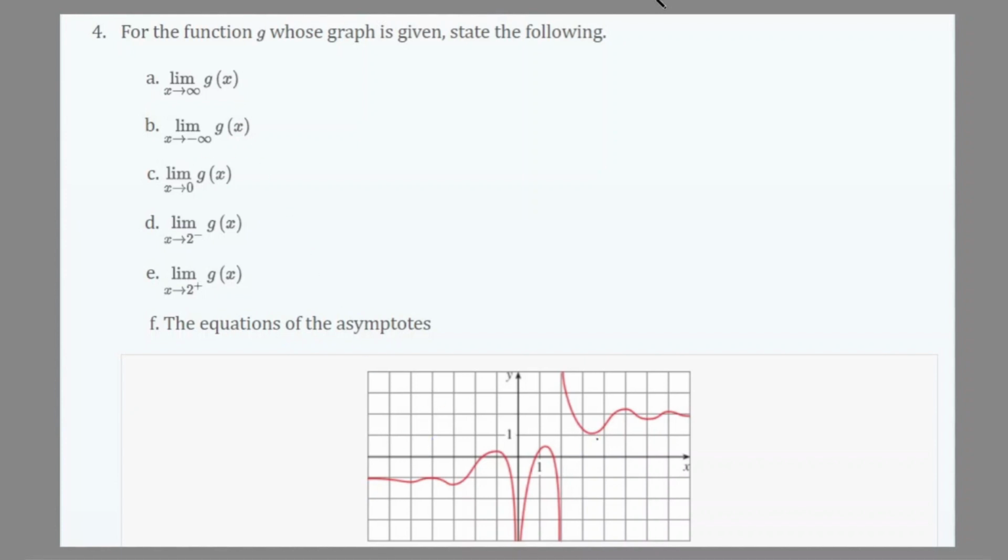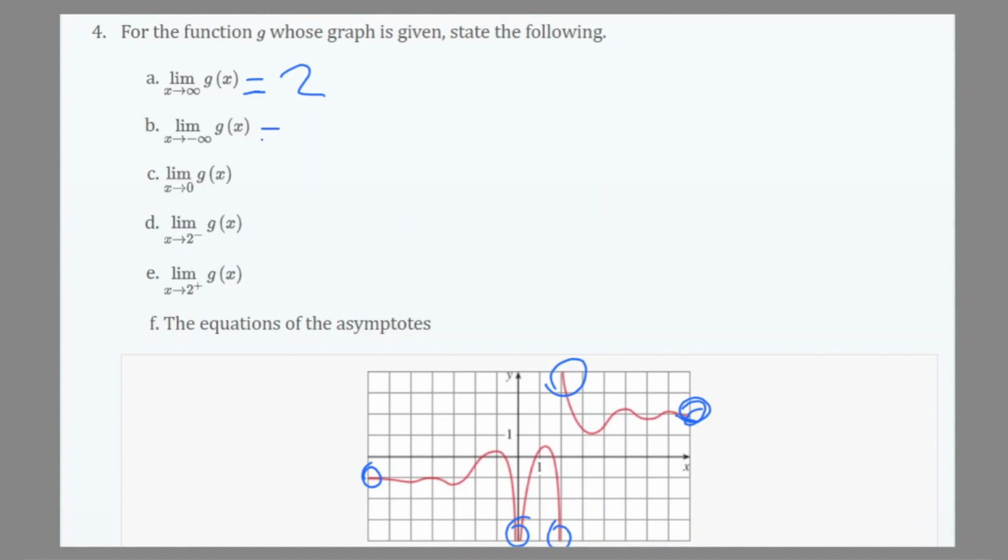All right, so let's see what we're looking at right here. This graph, just off the bat, we could see that there's a horizontal asymptote right here at the ends, a vertical asymptote right here, a vertical asymptote right here, and that's basically what we could deduce. So let's do letter A. Limit as x goes to infinity, g of x is, so as x goes to infinity, we will be oscillating on the y value of 2.